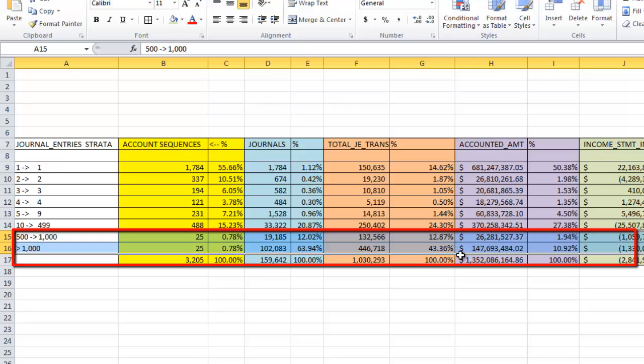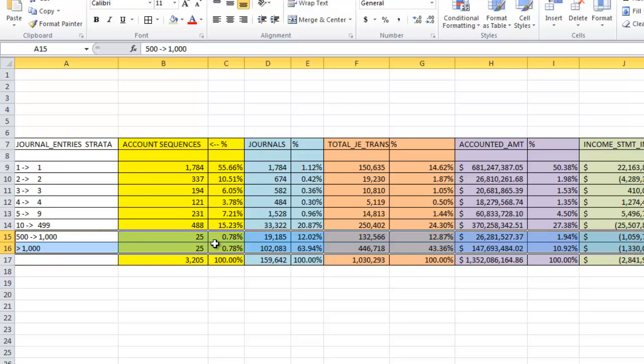So about 580,000 transactions you can actually review if you look at those 50 account sequences. And this gives you some other information over here about the value that you'd be looking at.